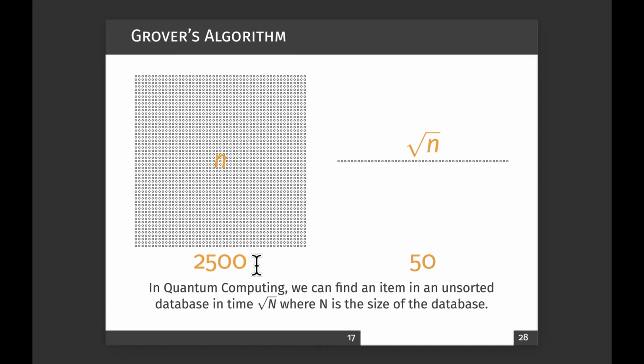But with Grover's algorithm, you will just have to get one of these layers. That's the number of dots that you have to look at, and it's just the square root of n. So in this case, only 50. That's the speed up afforded to us by Grover's algorithm. It's a powerful algorithm.